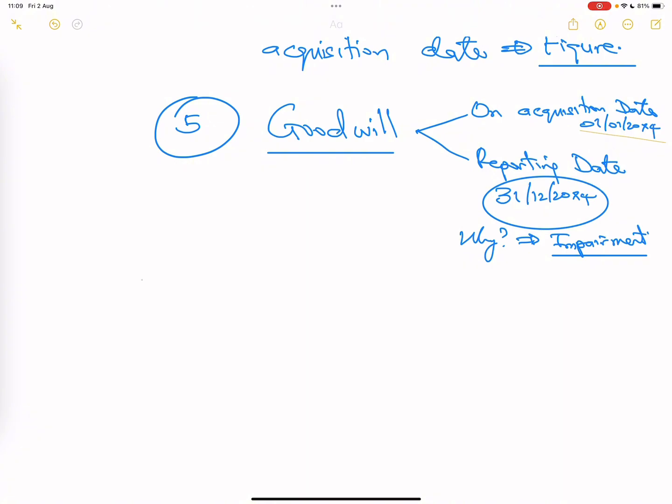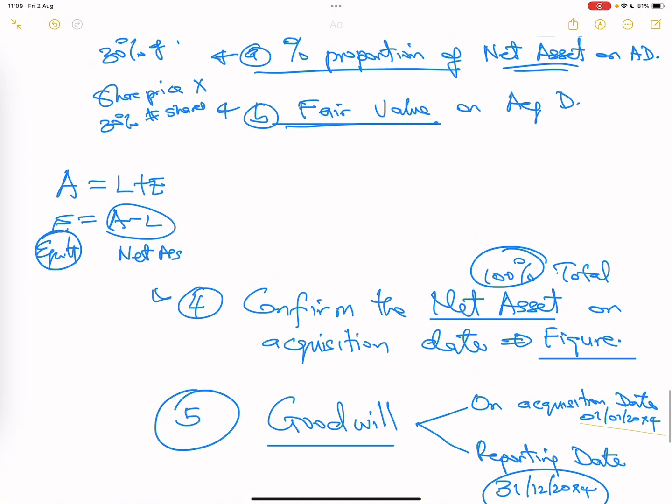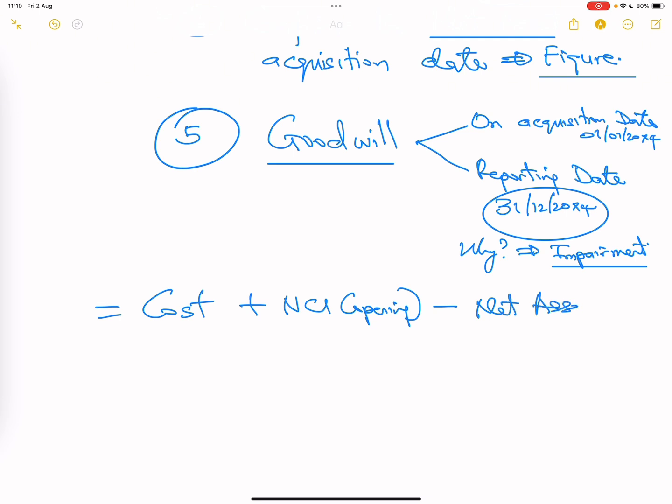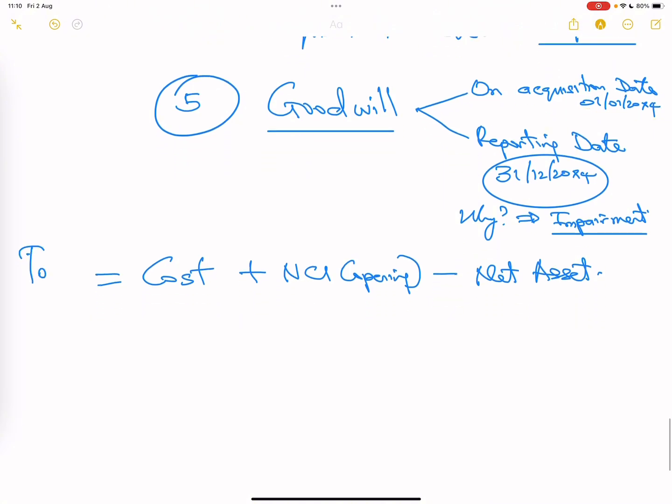Your goodwill calculation is just your cost, which is the same as consideration, plus your opening NCI, minus total net asset. That's your goodwill, and this is your total goodwill.